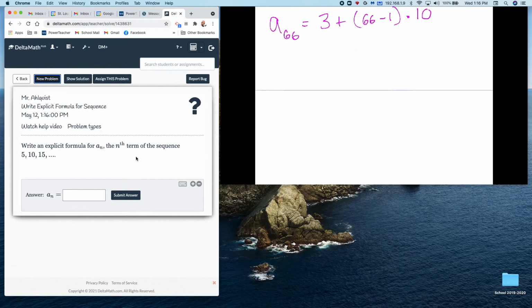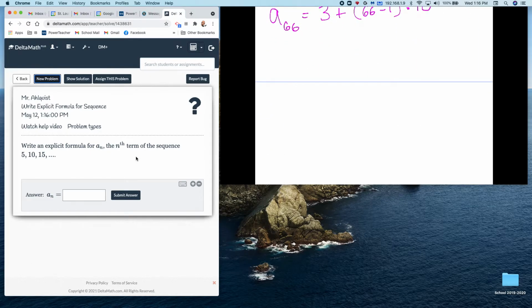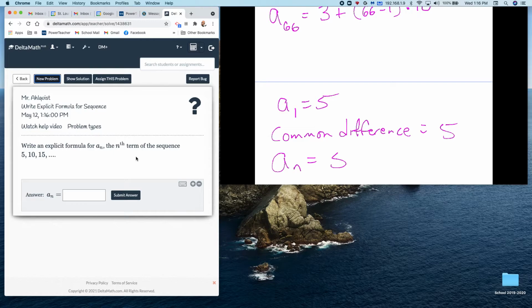If I'm writing an explicit formula on this, we know a sub 1 is equal to 5. That's the first term. We know the common difference is equal to 5 on this. So a sub n is going to equal 5 plus n minus 1 times the common difference, which is 5.